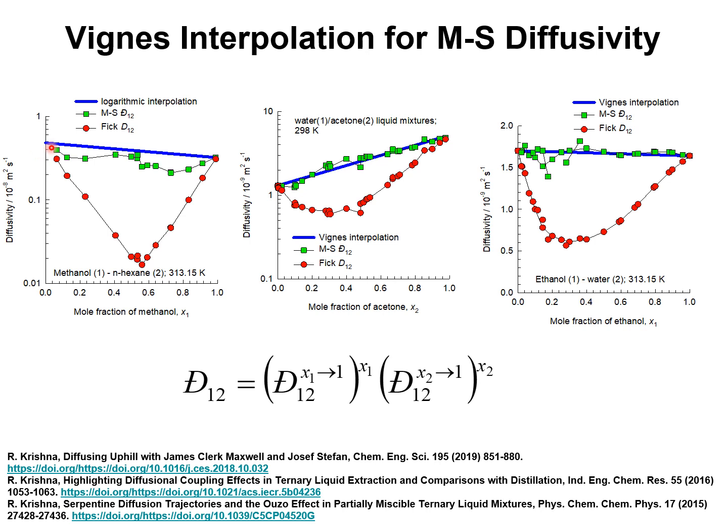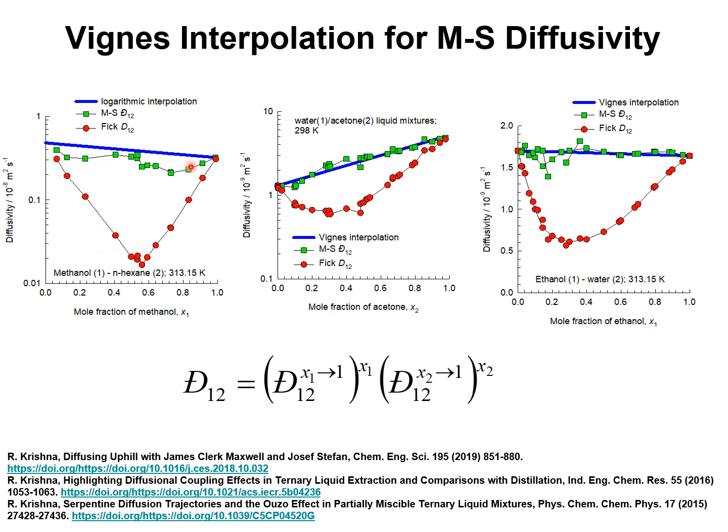The Maxwell-Stefan diffusivity for a binary liquid mixture follows a simple logarithmic interpolation formula called the Wilke formula, which is presented here.